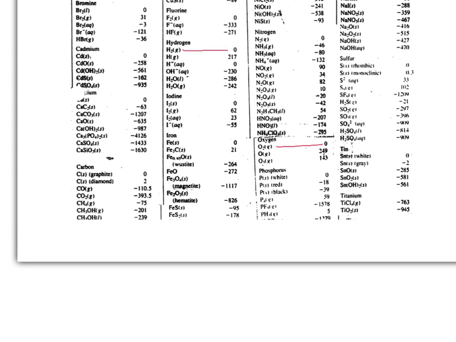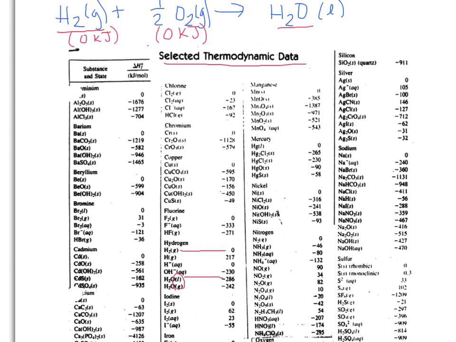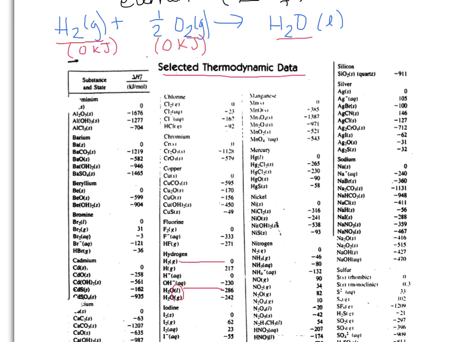Remember, there are 2 different variations for water here, gas and liquid, so make sure you get the correct one. We want liquid, so it's negative 286 kilojoules.